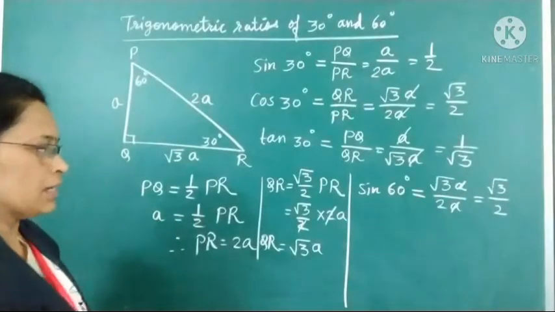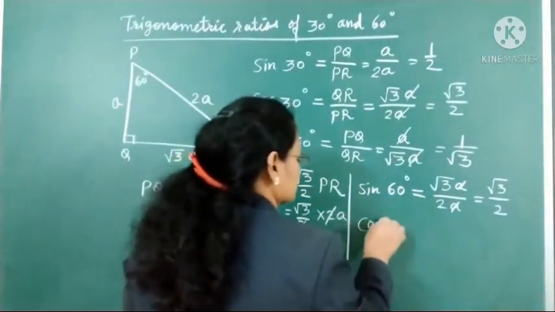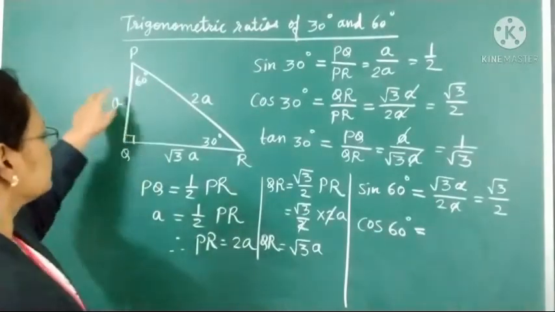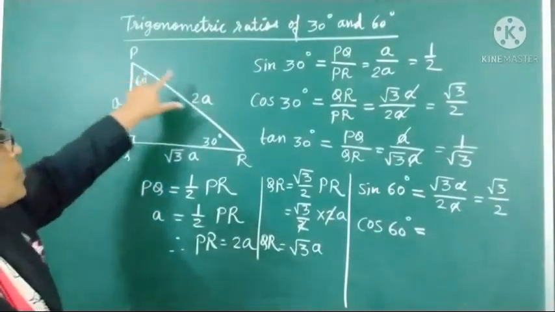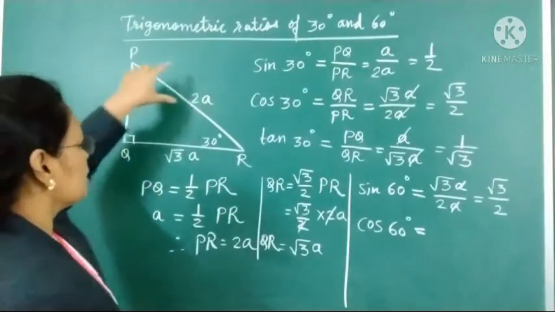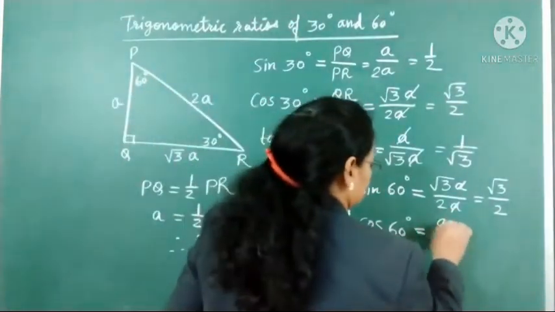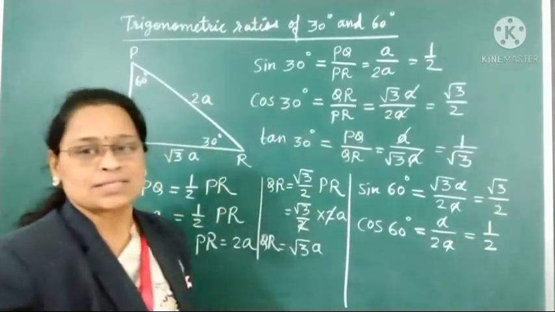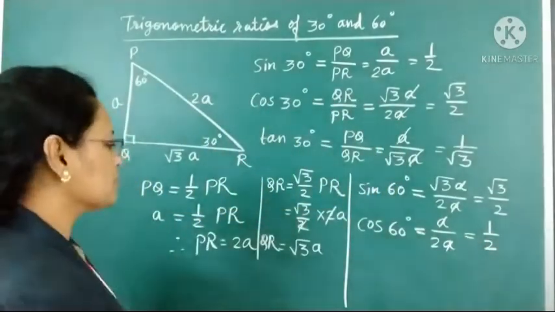Cos 60 degree: adjacent side of 60 degree to hypotenuse, A is to 2A. If we cancel this A, we get the value cos 60 degree is 1 by 2.